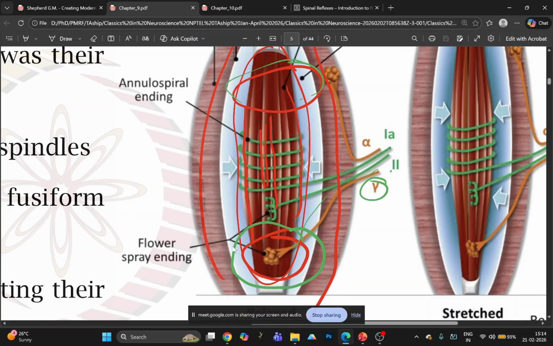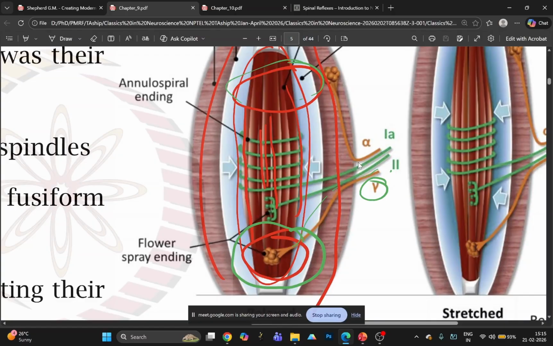Lars Leksell also found that if these gamma motor neurons are excited, then there is also excitation in these sensory neurons. So whenever there is excitation of the gamma motor neurons, there are also impulses detected in the sensory neurons.